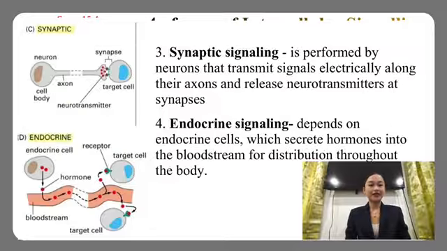Third, we have synaptic signaling. A neuron releases neurotransmitter into a synapse to signal a target cell. And lastly, we have endocrine signaling. An endocrine cell releases hormones into the bloodstream which travel to distant target cells throughout the body.